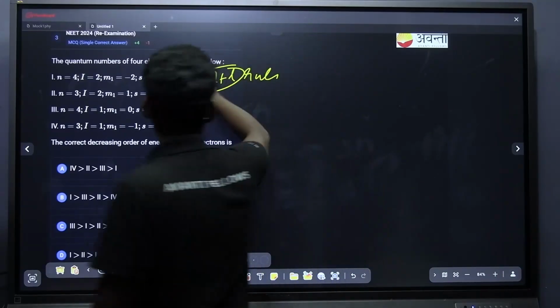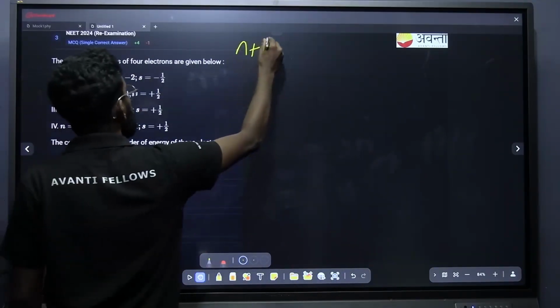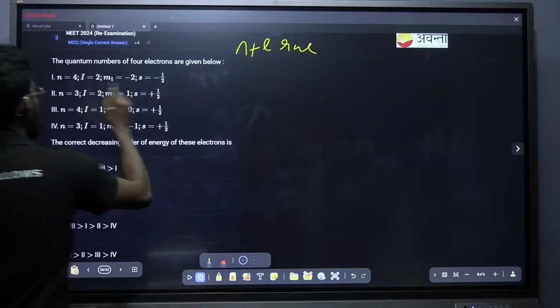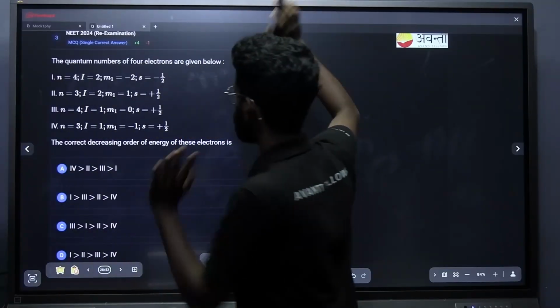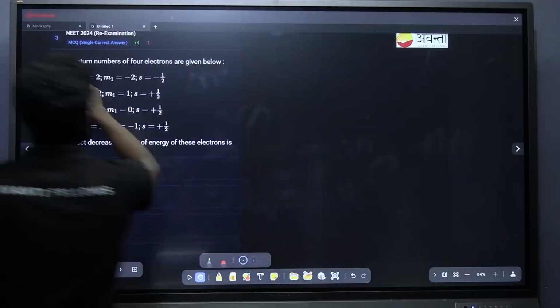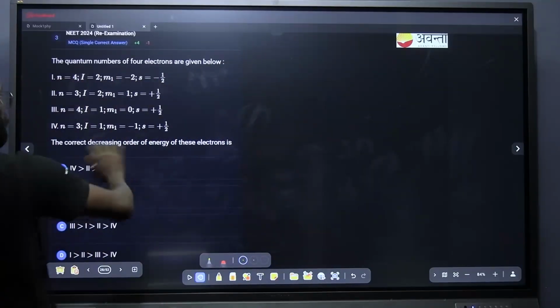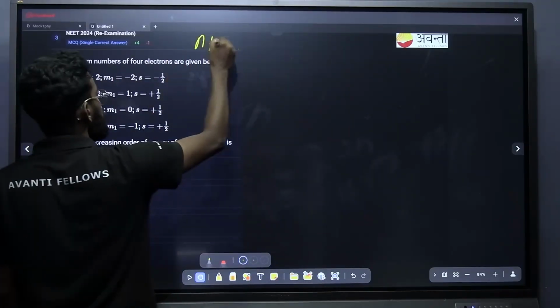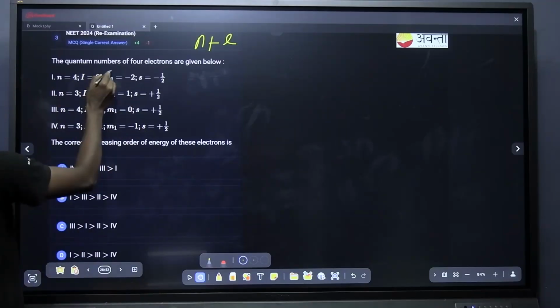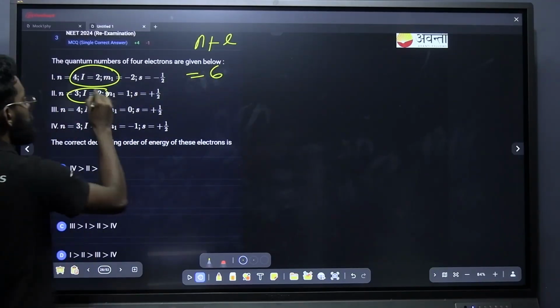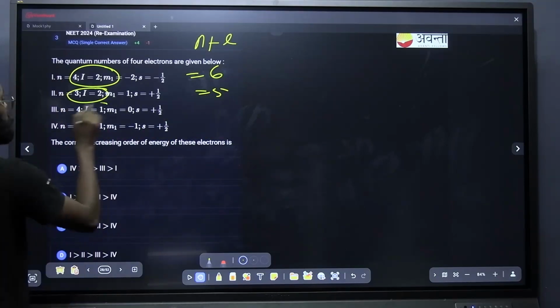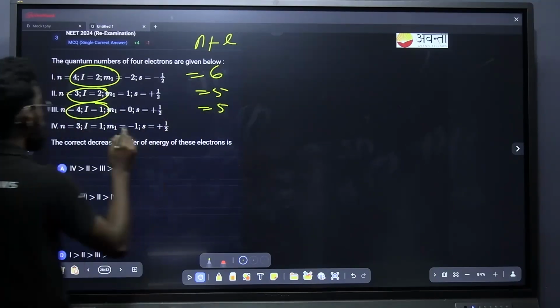What is the n plus L value for the first one? Okay, sorry, I didn't read the question properly. The n plus L value for the first one is 6. Second one, 5. Fourth one, 5.